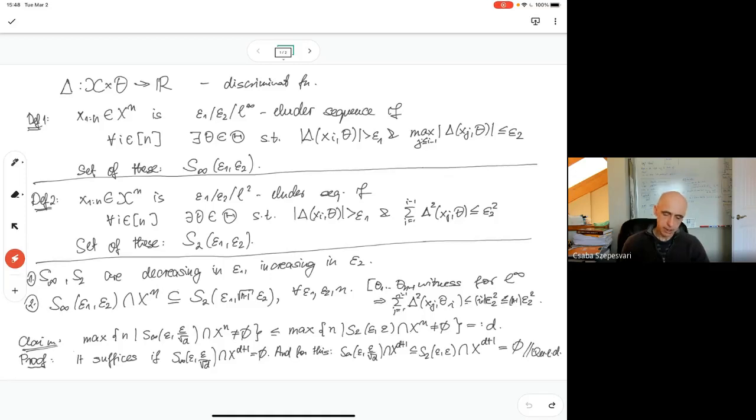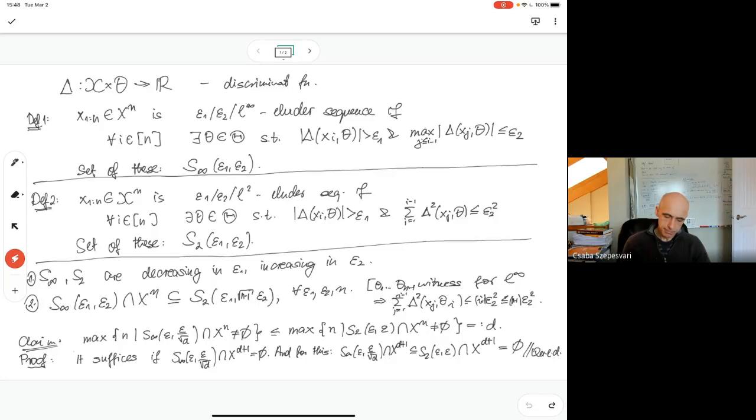And so, for seeing whether this is true or not, notice that if for some n this set is empty, then of course it's also empty for n plus 1, because this was an increasing definition.